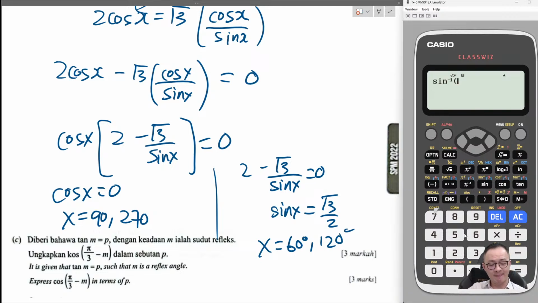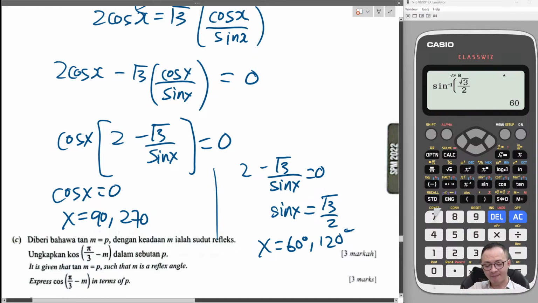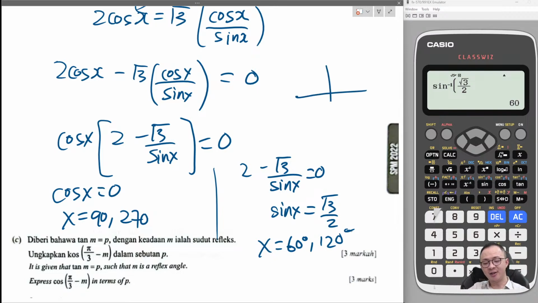Shift sin root 3 over 2. Oh, my calculator is in radian. Wait, degree. 60. Okay. And then how to get the second angle? Because of ASTC, sine gets positive again. It's 180 minus theta. This is how I get 120.